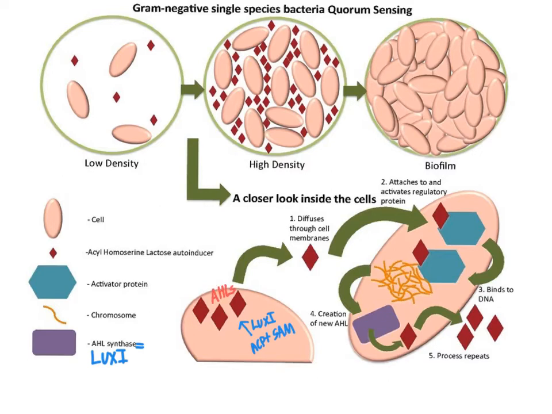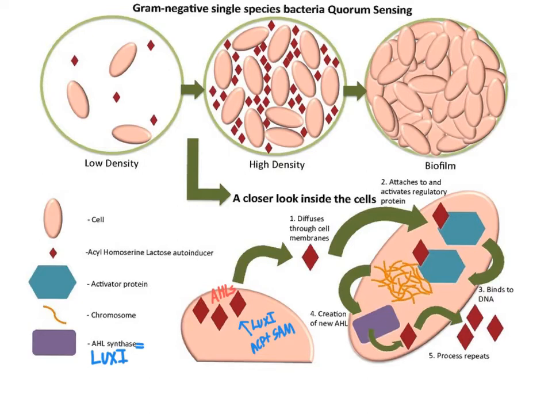Those exit from the cell, where the cell is pink, and escape into the surroundings, into the environment around the cell. Then, when acyl homoserine lactones come into contact with additional cells, they enter those cells via diffusion through the cell membrane. Once they are inside the cell, that is where we are going to see the biological effect triggered.